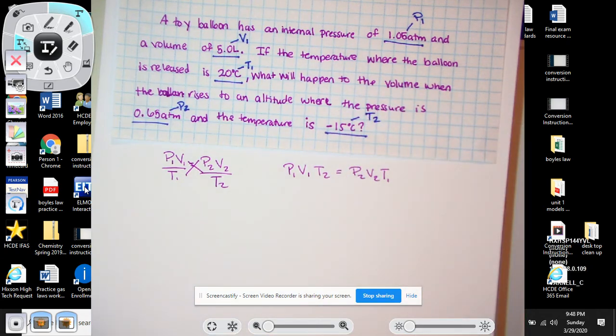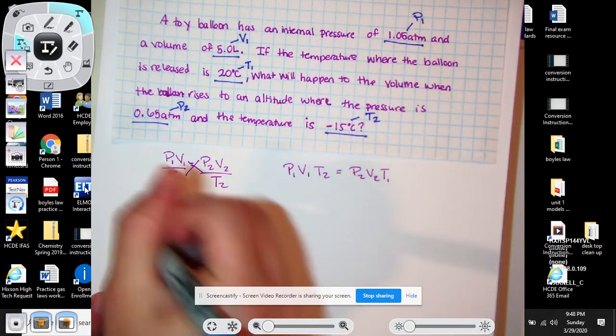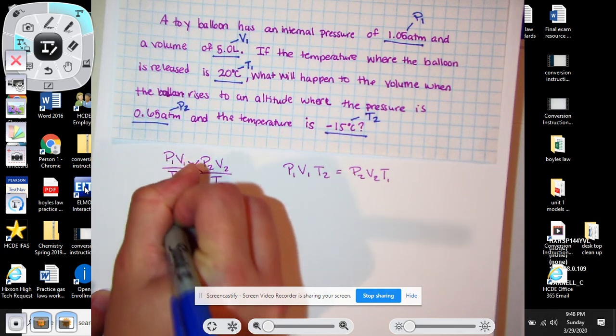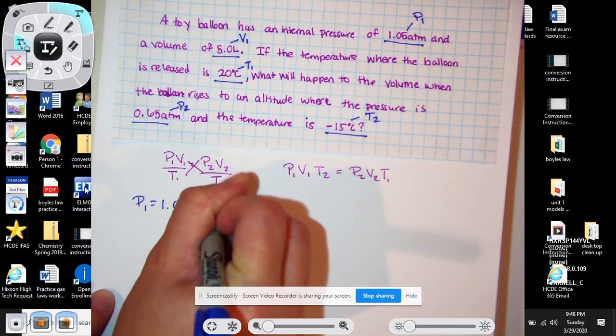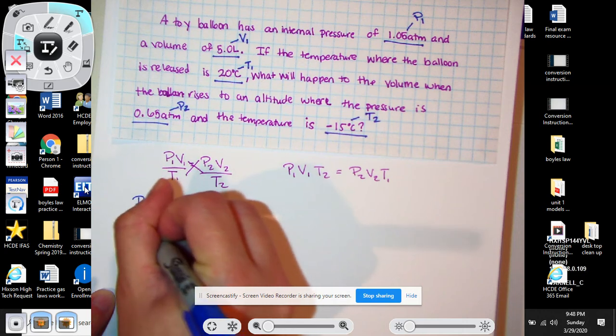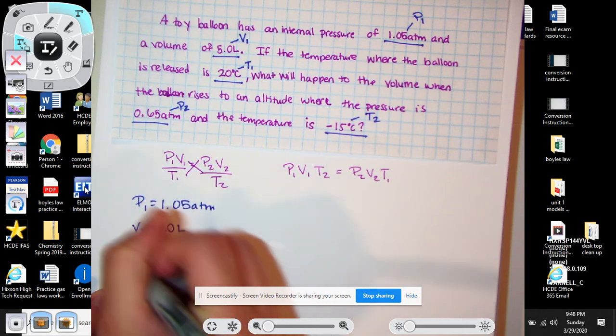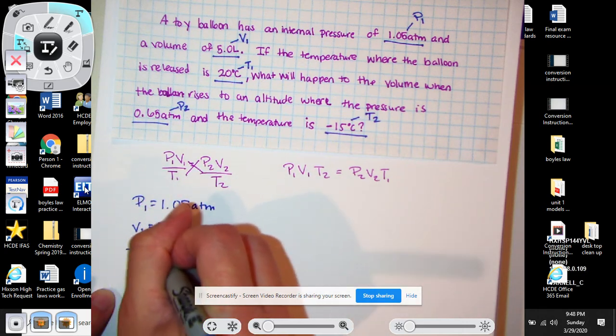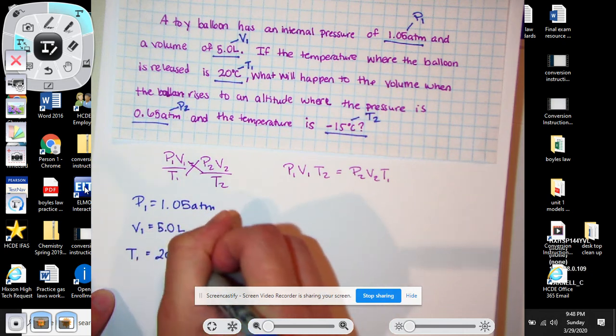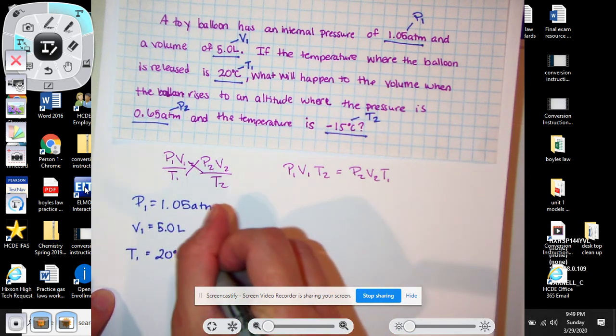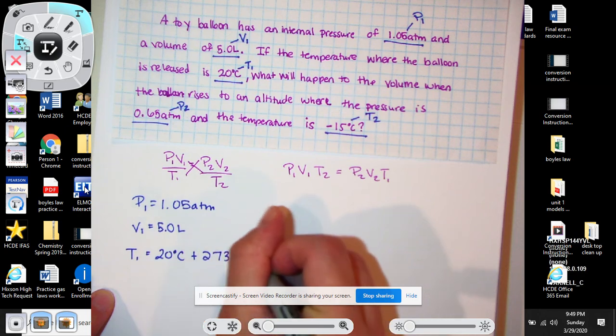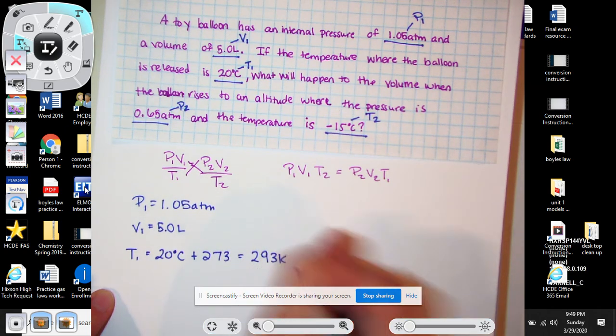Now, I'm just going to drop all that information down here real quick. So P1 is 1.05 atmospheres. V1 is 5.0 liters. T1 is 20 degrees Celsius. I do need to turn that into Kelvin. And I'm going to do that by just adding 273, which is going to give me 293 Kelvin.